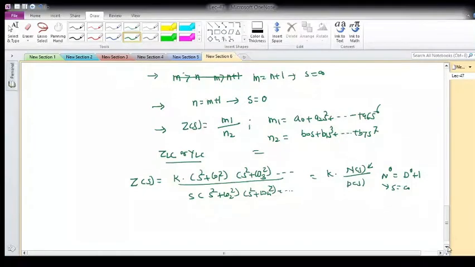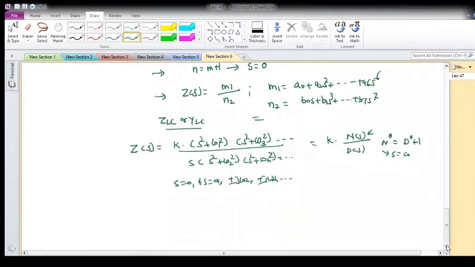Now suppose I take the general case where I have a pole at 0, a pole at infinity, and poles at plus minus j omega 2, plus minus j omega 4, etc. The generalized function I can write as Z of s equal to K times s squared plus omega 1 squared, s squared plus omega 3 squared, like this.